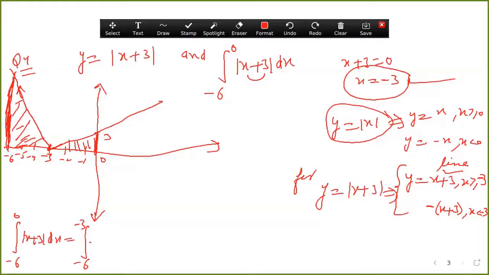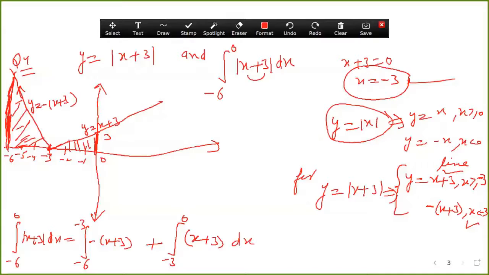Minus of x plus 3. As I told you, less than minus 3 means this one you have to take. Plus minus 3 to 0. And here the line will be, I have written it down here, y is equal to x plus 3. This is y is equal to minus of x plus 3. Okay. Now this is x plus 3.